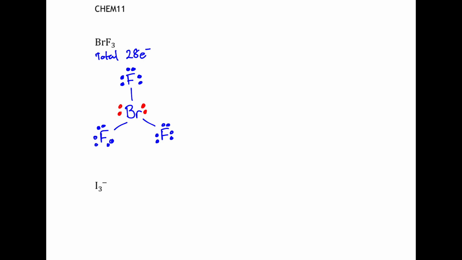Okay, how many groups? Have you learned the pattern yet? How many groups on this lovely molecule? There are 5 groups, right? 3 bonds, 2 lone pairs, so 5 groups and 2 lone pairs. Then we go to the table and look up what has 5 groups and 2 lone pairs.